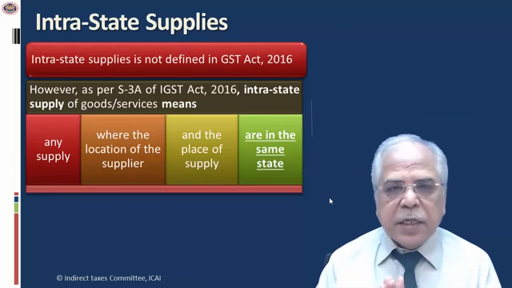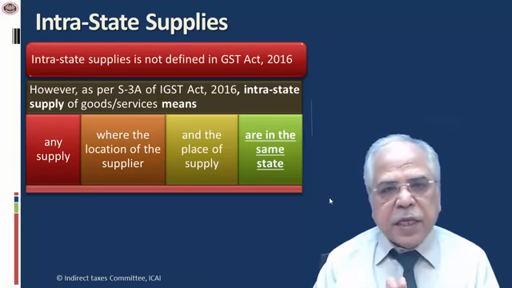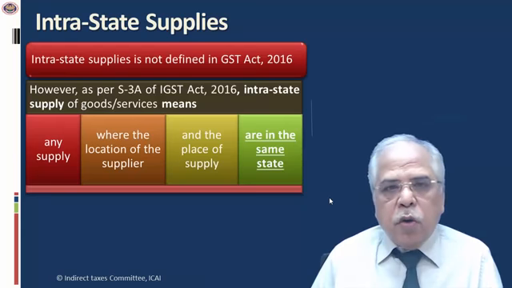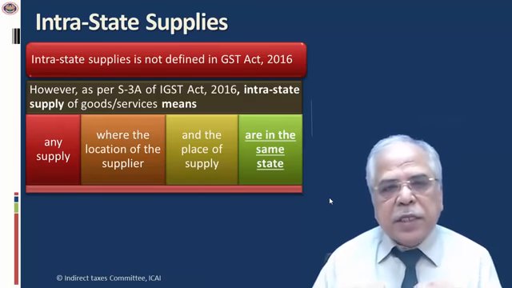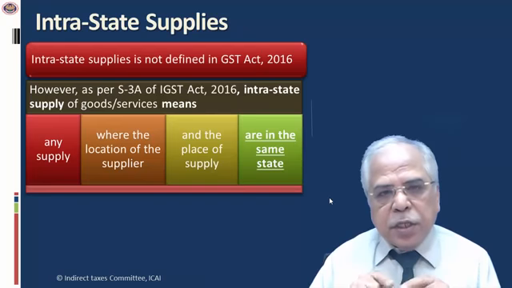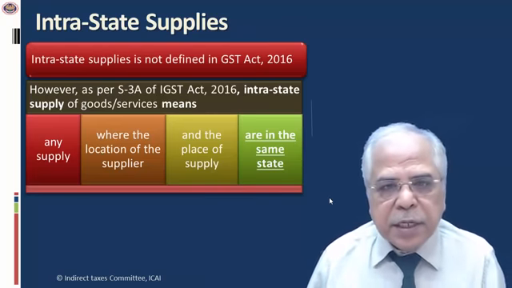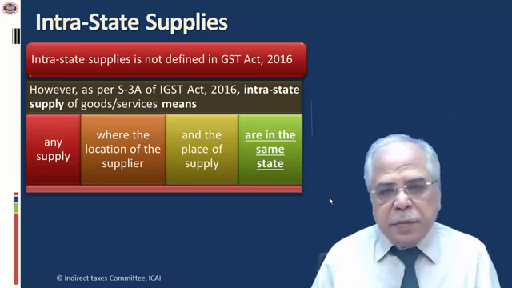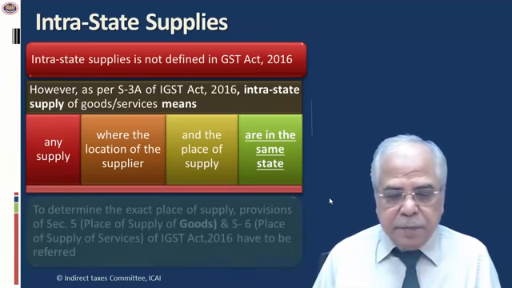We will discuss that in due course of time. Similarly, location of the supplier has been defined in Section 2, so we have to go by that section to decide. And if both these conditions are met, that is, the location of the supplier and the place of supply are in the same state, then it will be an intrastate supply subject to CGST and SGST.